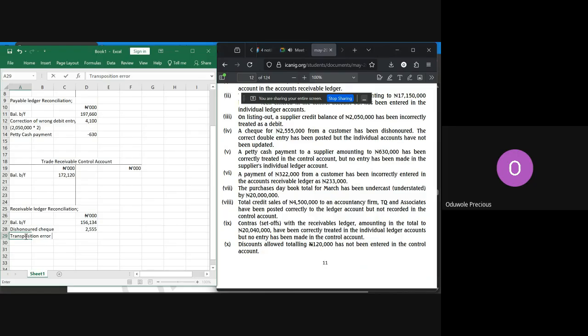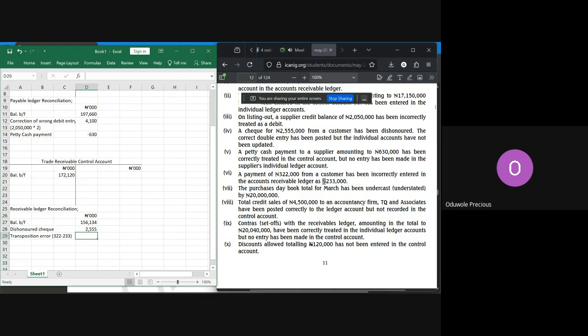So how do you correct that error? You open the bracket, you say 322 minus 233. What would the difference give us? The difference will give us 89. Then payment of 322 was entered as 233.